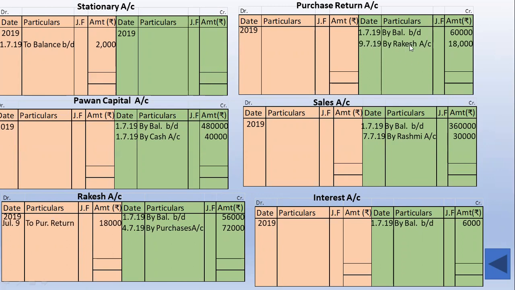See, in purchase return account 18,000 credit side and in Rakesh account debit side, purchase return 18,000. Rashmi returned goods to us rupees 400. This entry shall be taken as sales return account debit side and Rashmi's account credit side rupees 400.